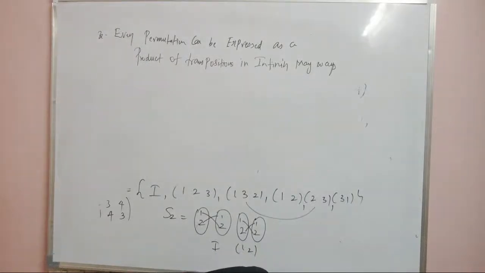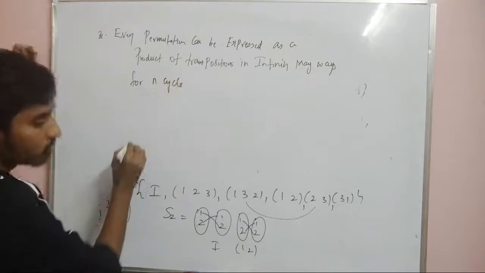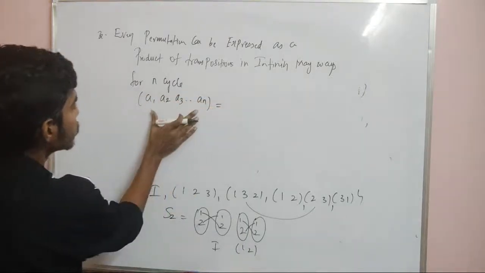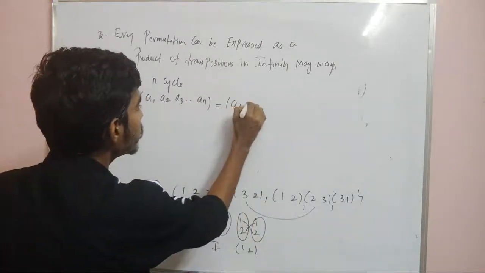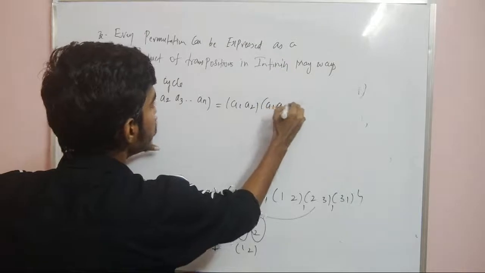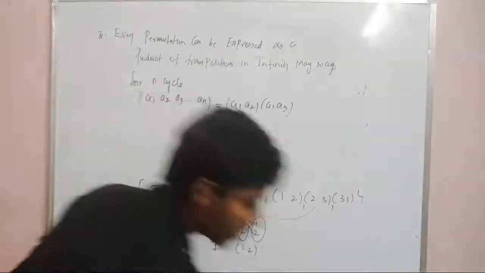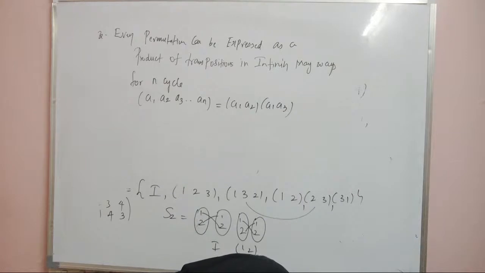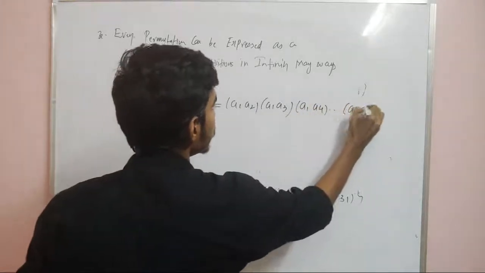For example, for an n-cycle (A1 A2 A3 ... An), we can represent this cycle as a product of transpositions: (A1 A2)(A1 A3)(A1 A4) up to (A1 An).